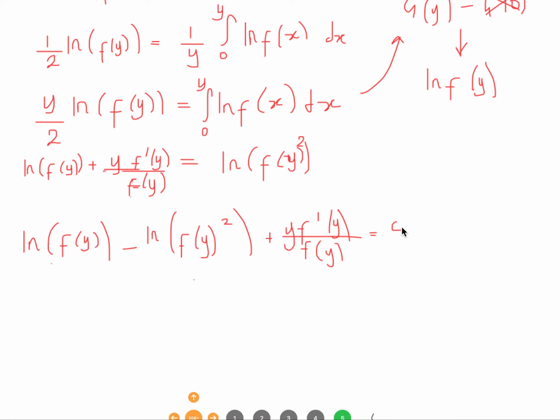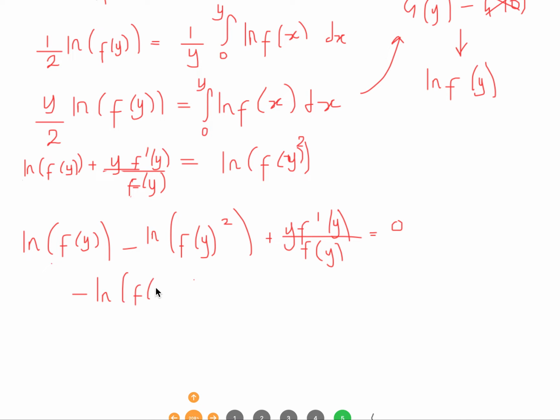Now, log of a minus log of b is log of a divided by b. So this is going to be ln of 1 over f of y. Well, that's ln of f of y to the power of negative 1, which is negative ln of f of y. So this will just simplify to negative ln of f of y.